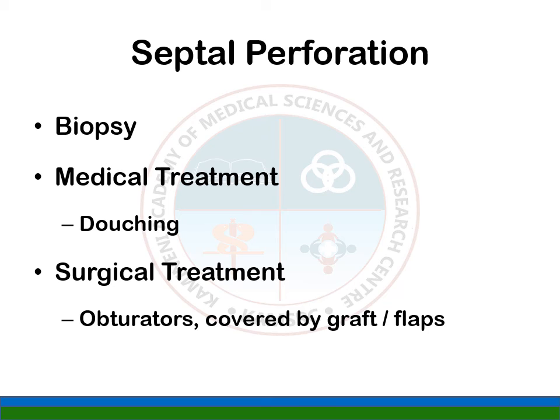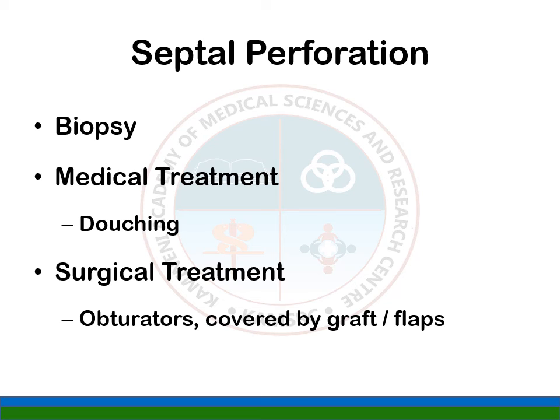We have to rule out syphilis, we have to rule out leprosy. All the traumatic causes will be very obviously cleared by the history. But in case the history is inconclusive, a tissue diagnosis and lab investigations are mandatory.